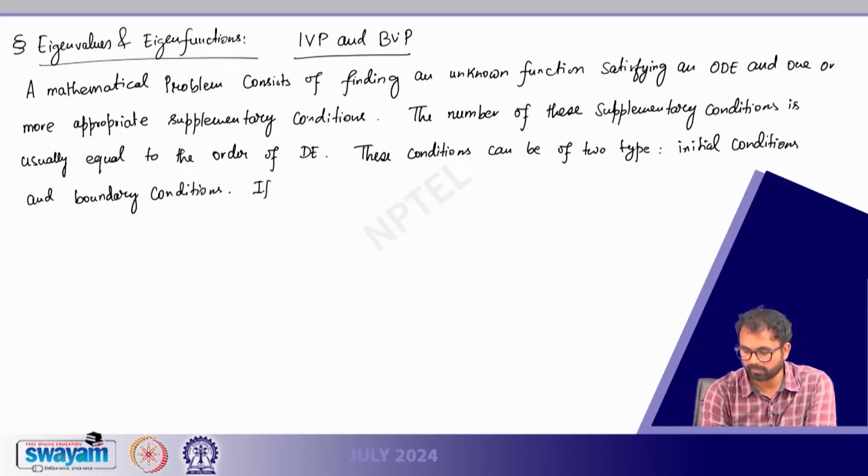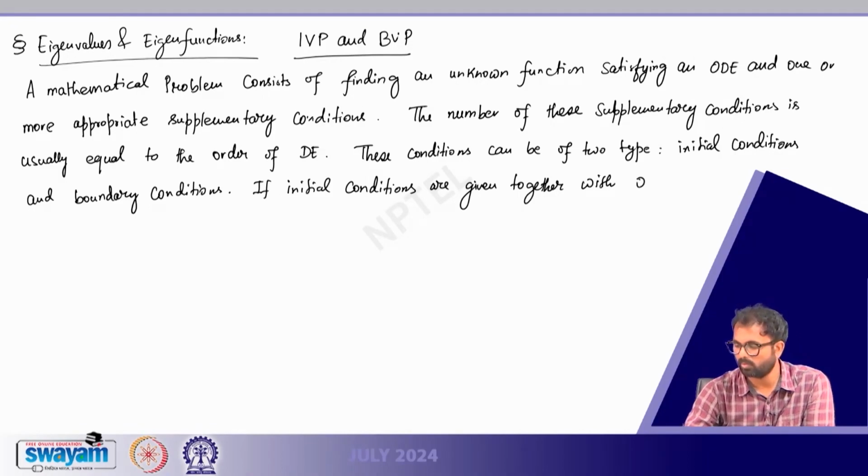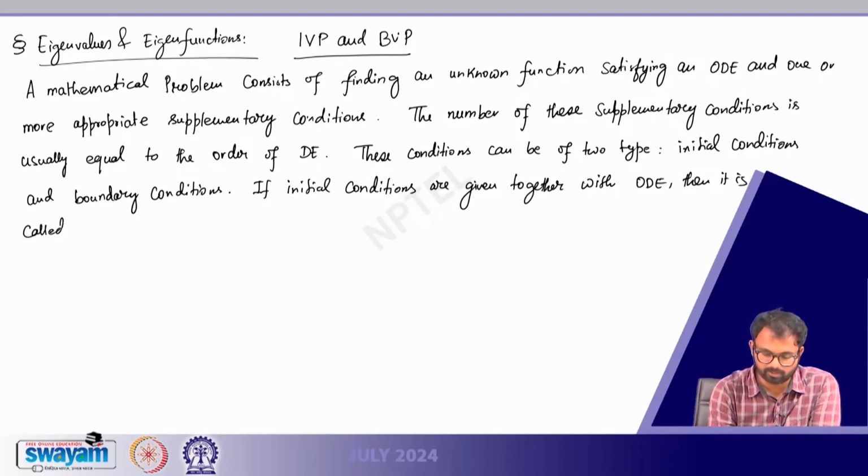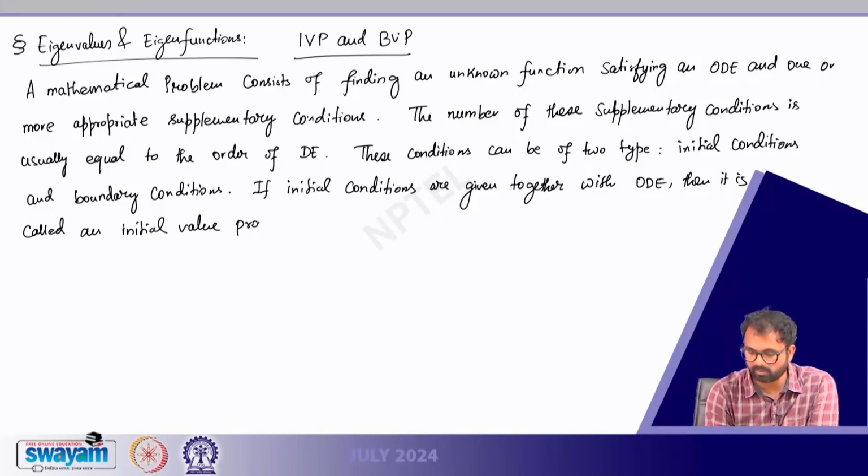If initial conditions are given together with the ODE, then it is called an initial value problem, or in short we can call it IVP.